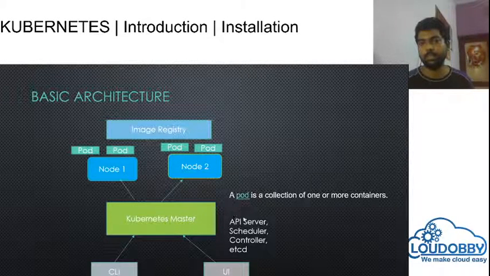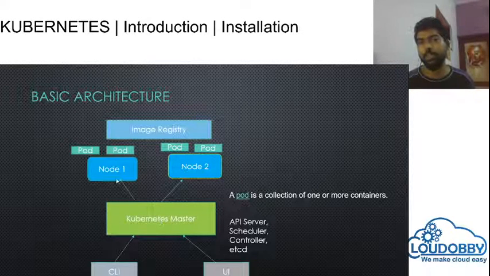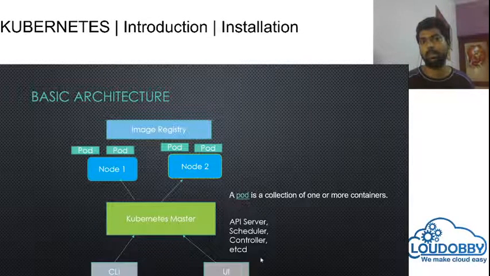The Kubernetes master has the API server, scheduler, controller, and etcd, which is an open source tool. The interaction between your CLI and the Kubernetes master happens through APIs. The scheduler schedules any kind of activities within the clusters, and the controller basically controls all the nodes and pods.